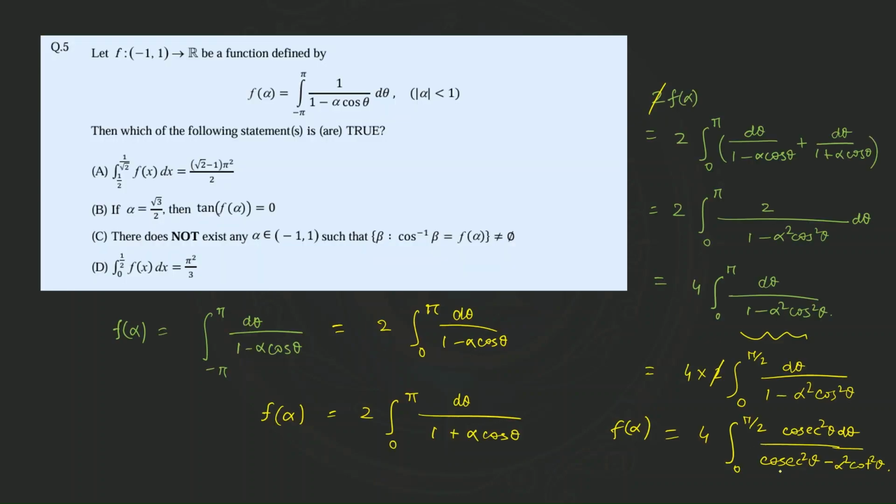so 4, then integral 0 to pi by 2, it is cosecant square theta d theta divided by this is cosecant square theta, so we want to convert this in terms of cot theta, right? Because we don't want distinct terms here, so we want 1 plus cot square theta, which we can write as 1 plus 1 minus alpha square times cot square theta.